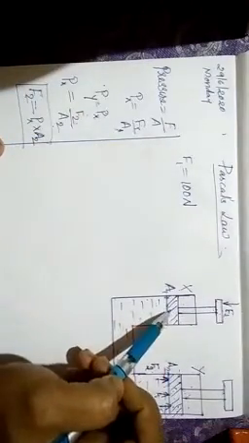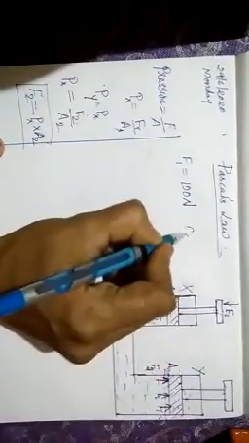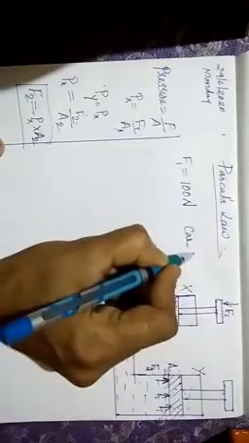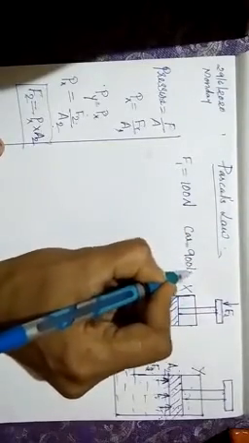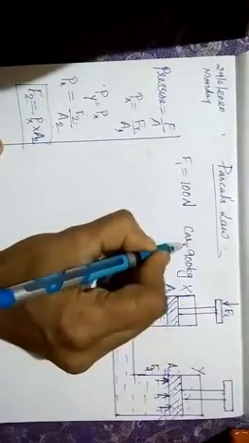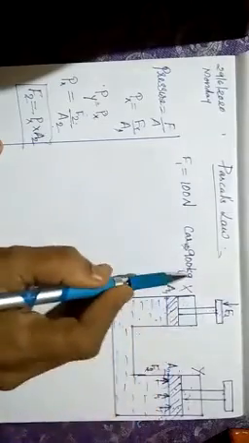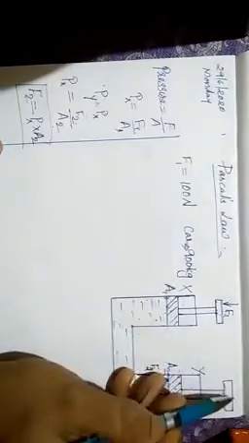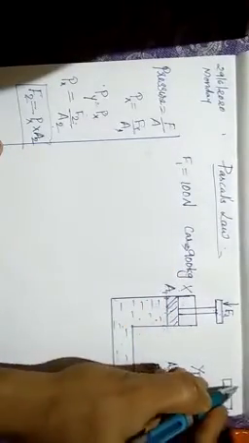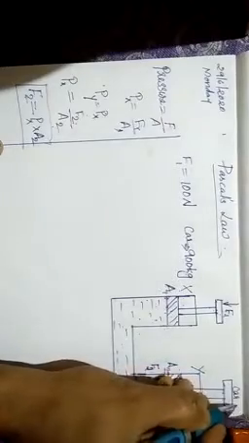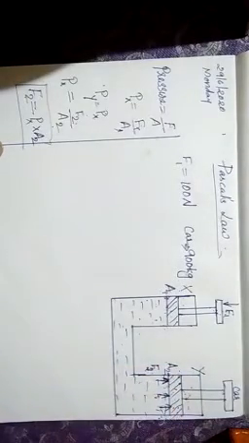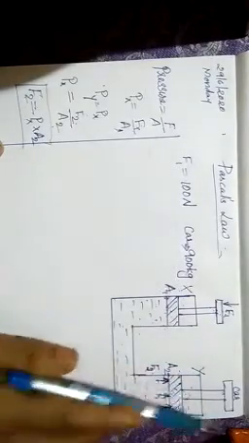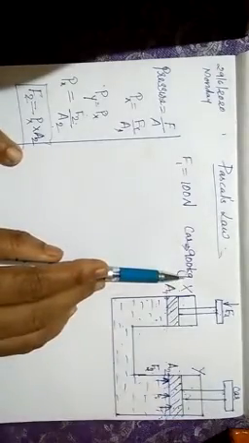And a car of 900 kilogram mass is to be placed on the piston on the side Y. Okay, and here the car is 900 kg mass.